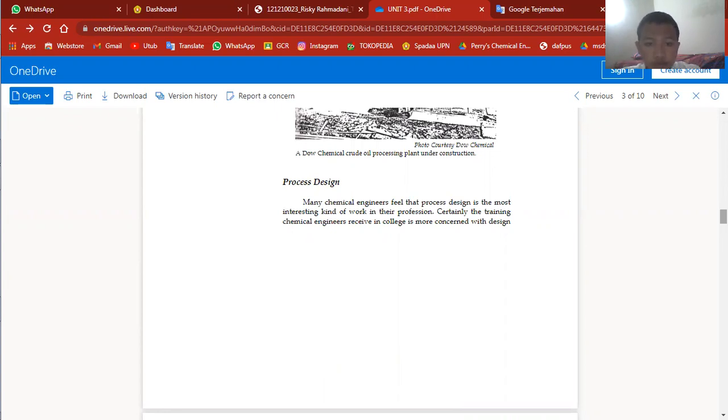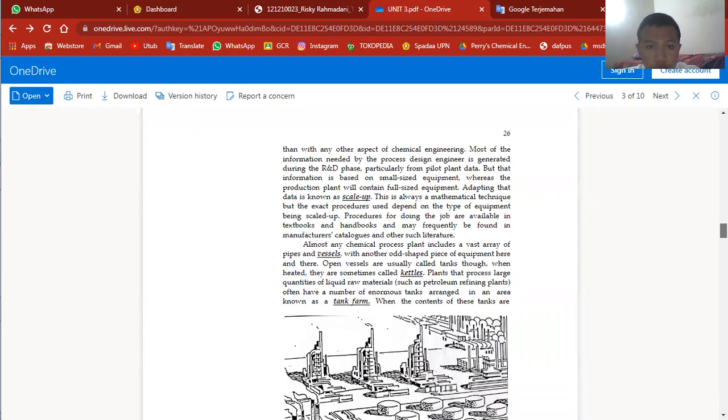Process design. Many chemical engineers feel that process design is the most interesting kind of work in their profession. Certainly, the training chemical engineers receive in college is more concerned with design than with any other aspect of chemical engineering.